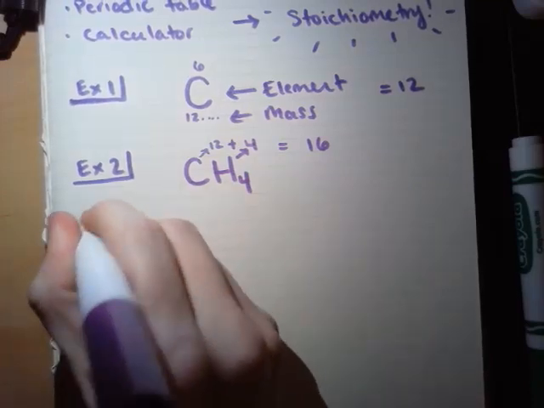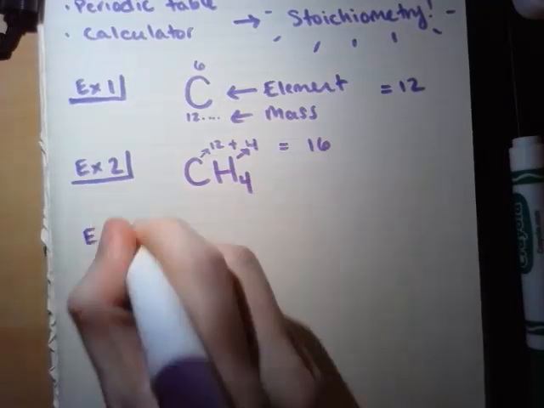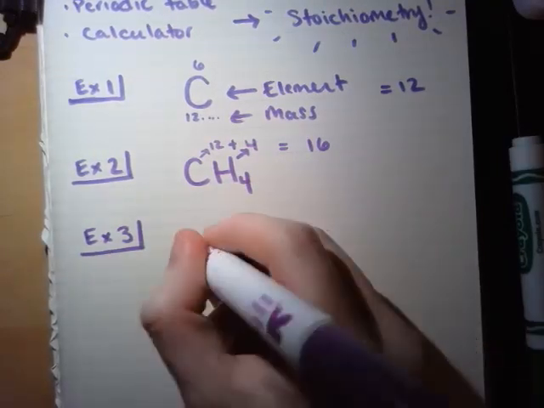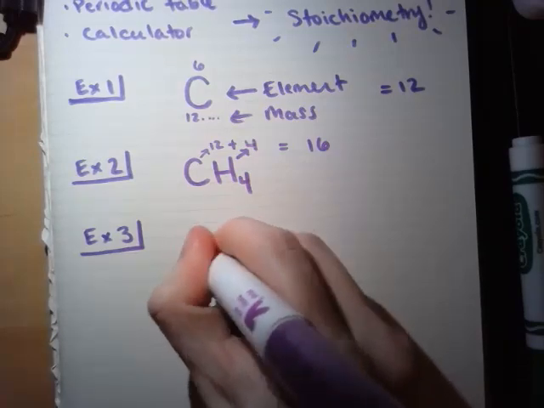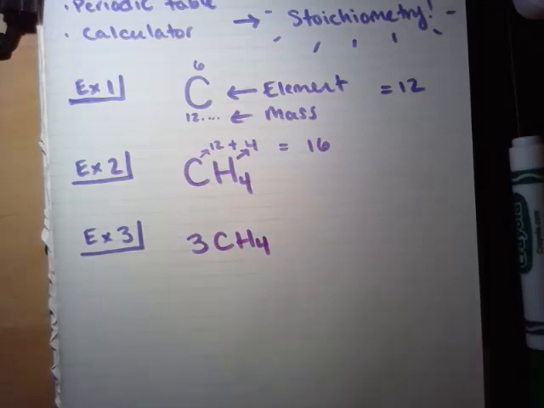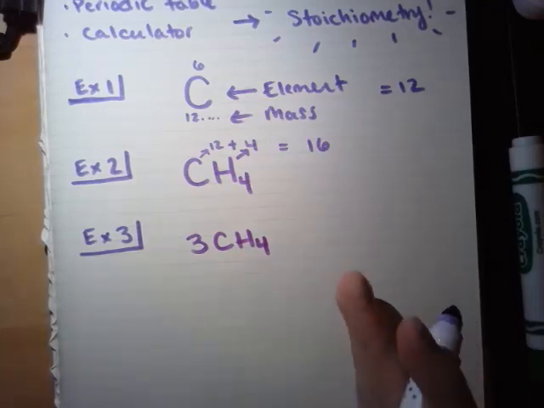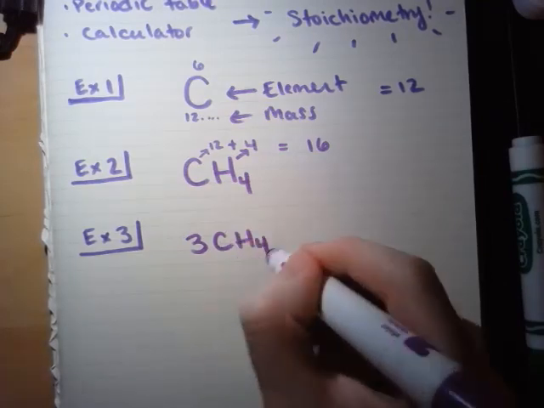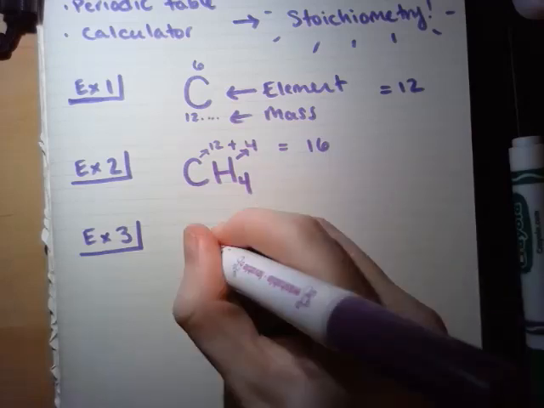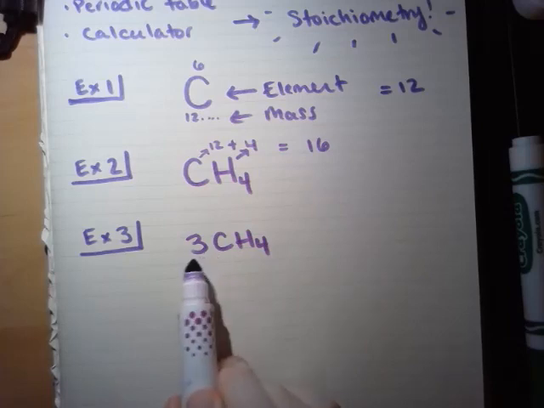Let's go to example number 3. Now we're going to be incorporating some coefficients. So here's 3CH4. It's the same type of setup. We want to do all of this first before we do the coefficients, because the coefficients should go last.